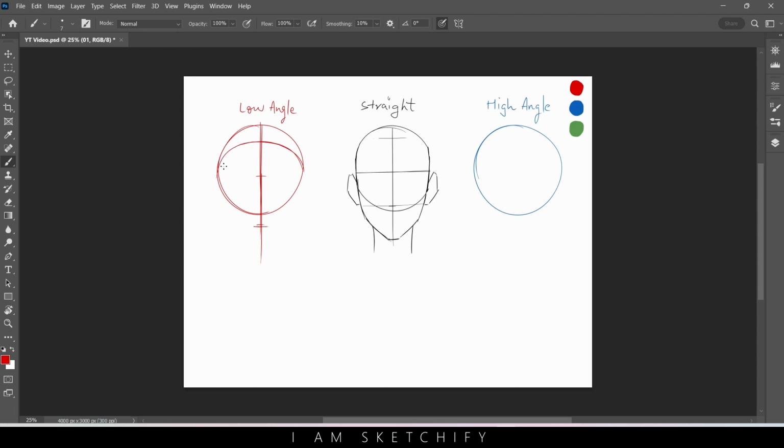Now we'll find the side plane of the head. As you guys must be aware that the sides of the head are a little on the flatter side. So I'll be using these ellipses to mark them and erase the side a bit to make them flat.